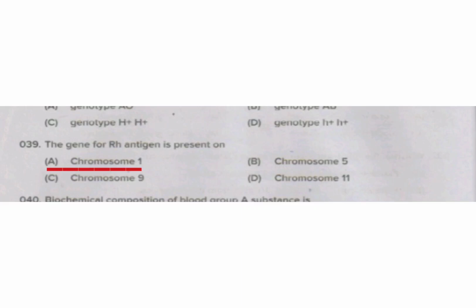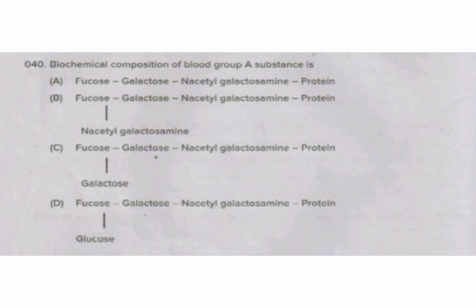Next question. The biochemical composition of blood group A substance is. Four options are there. Option A, fucose, galactose, N-acetyl galactosamine, protein. Option B, fucose, galactose, N-acetyl galactosamine, protein plus N-acetyl galactosamine.